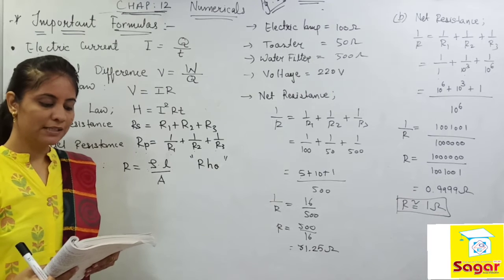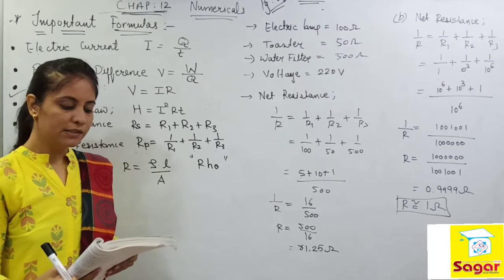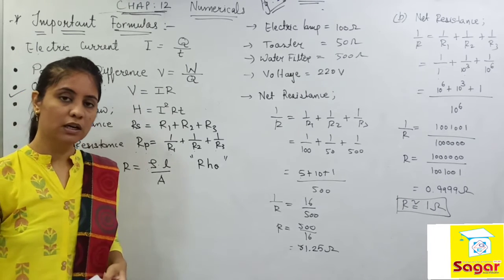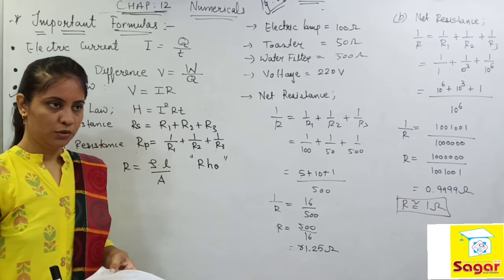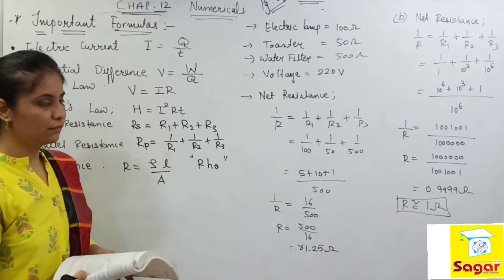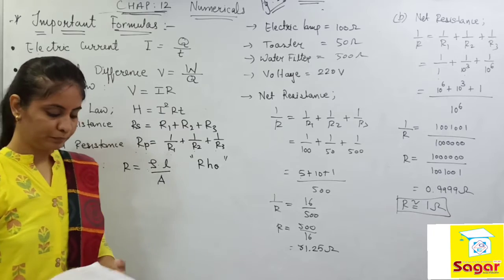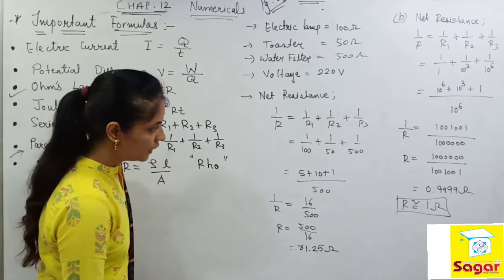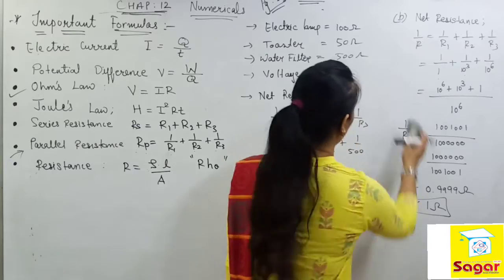Here is not the end of the story, everyone. They are further asking what the resistance is, as well as how much current is required to be provided for all these three devices so that they can work. So onwards we can use Ohm's law.